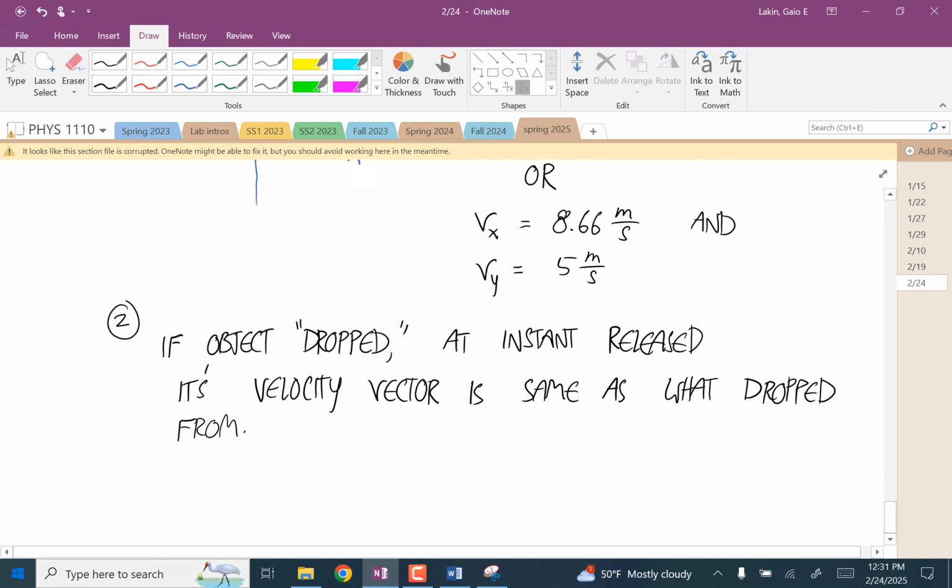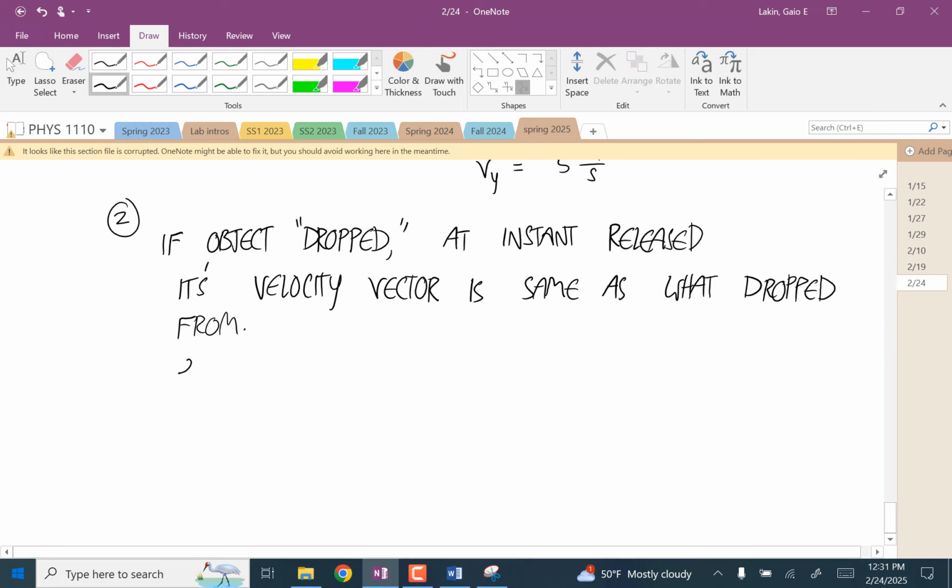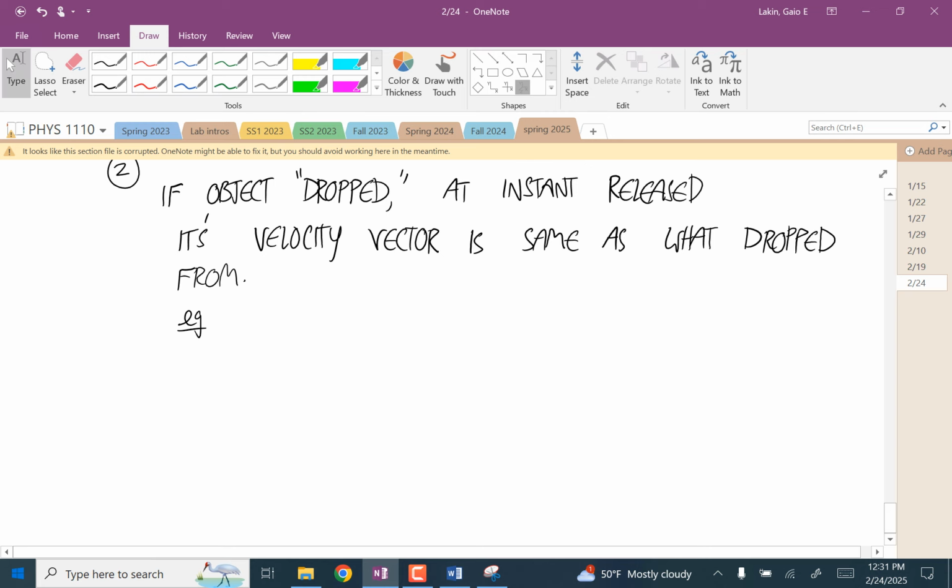Okay, so for example, if a car is going 30 meters per second, and you drop something out of the car window. So the car is going 30 meters per second this way.